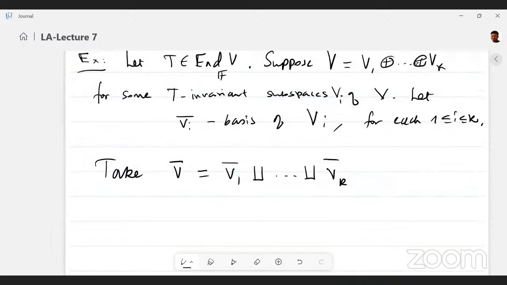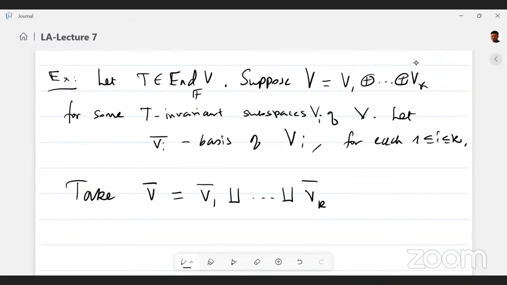This is like putting together bases of this direct sum, so that the disjoint union gives you a basis. This is something you must know already.